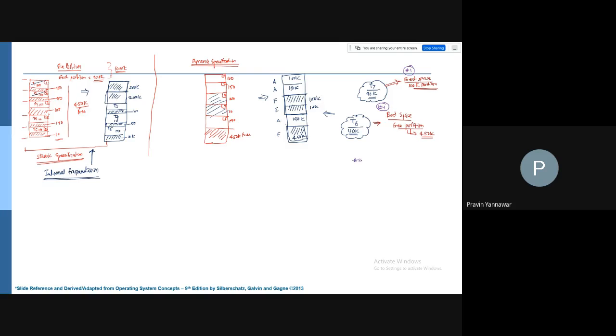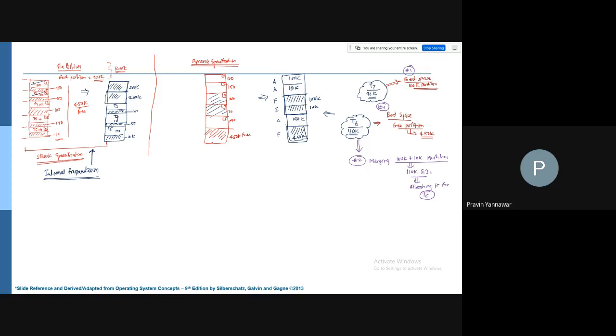Now we are going to have option two as suggested: for T6, option two could be merging the 100K plus 10K partitions together, making that partition of 110K size, and allocating it for T6.